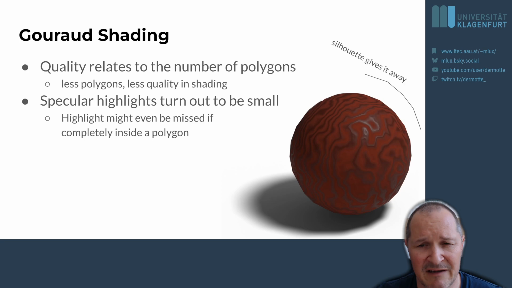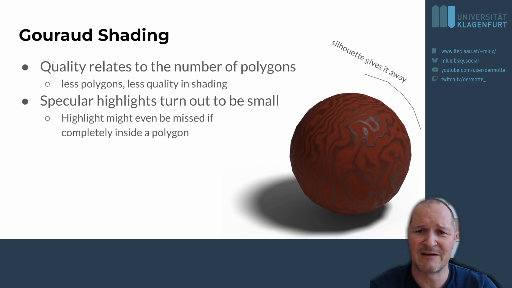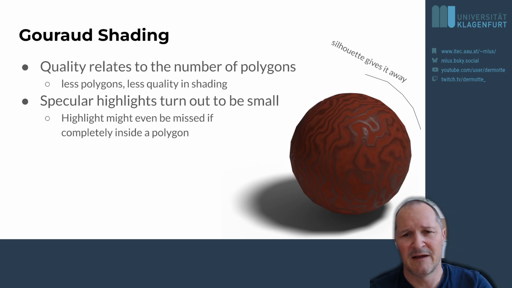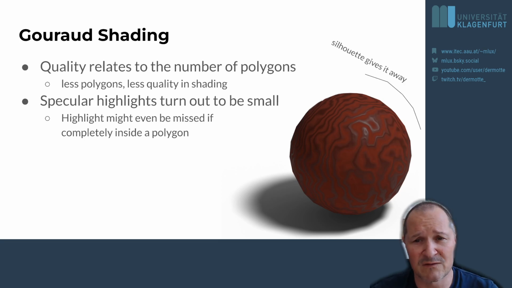I don't go into all the details of rasterizing and real-time rendering. It's far too much. But if you are wondering if we can do something about that, yes, the process for that is called tessellation. We can invent new polygons and then make the silhouette smoother. If you go close to an object, then you can tessellate it.